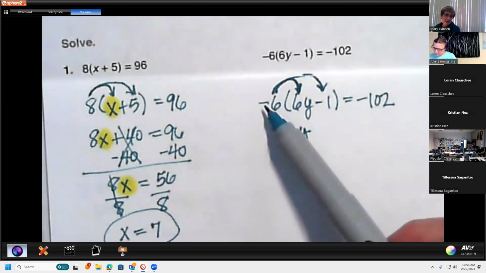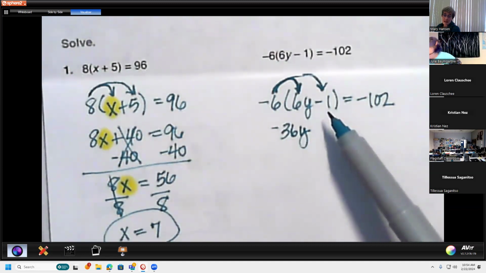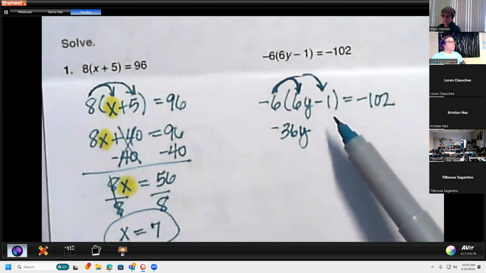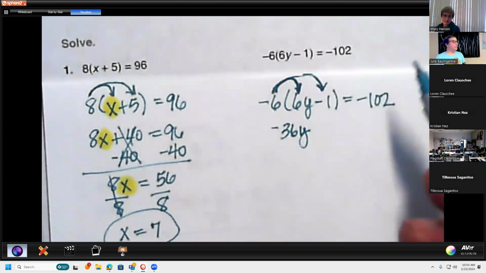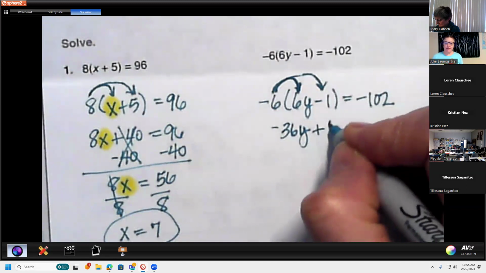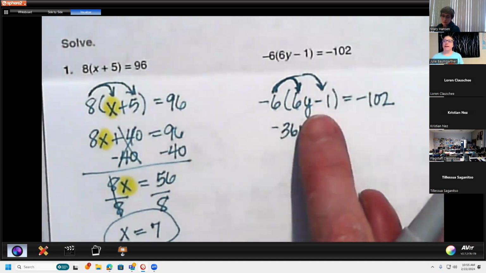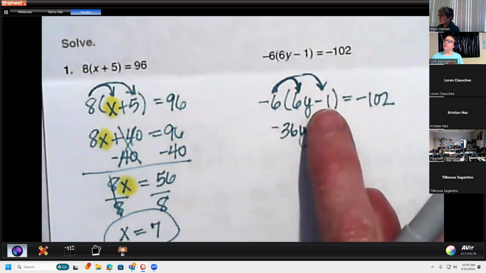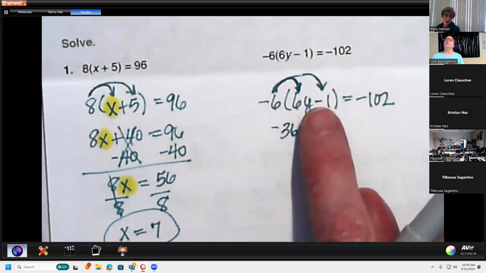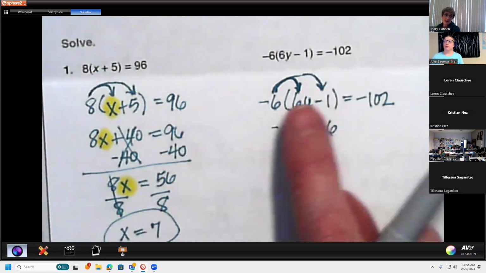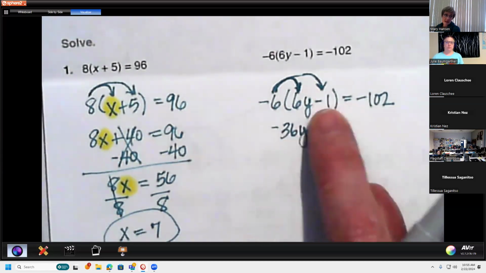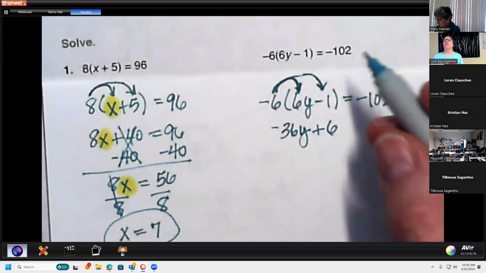Now I have -6 times -1. Positive 6. That's correct. Say that's not -1, that's subtract 1. Remember, I could rewrite that as add -1. And so it's -6 times -1 is +6.